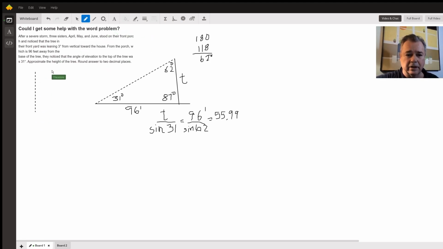that I'm sketching here with an angle of 3 degrees. When we know this one side, 55.99, so if we want to get the height, we'll call this H, and we know this angle is 3 degrees.